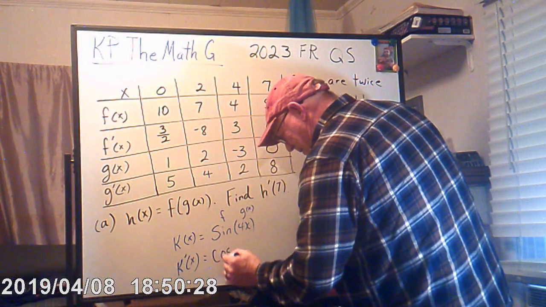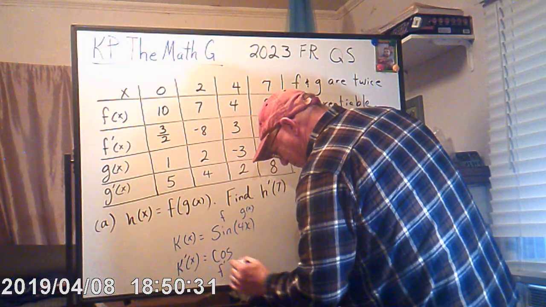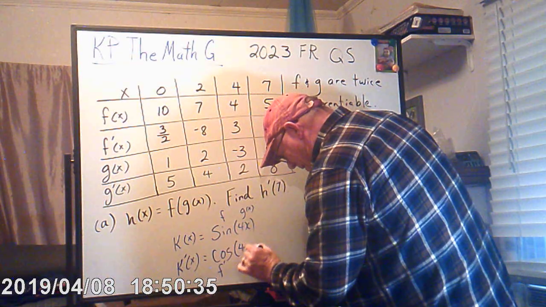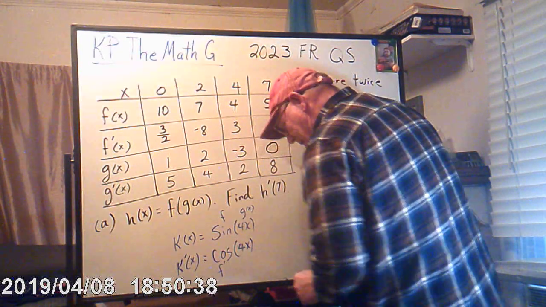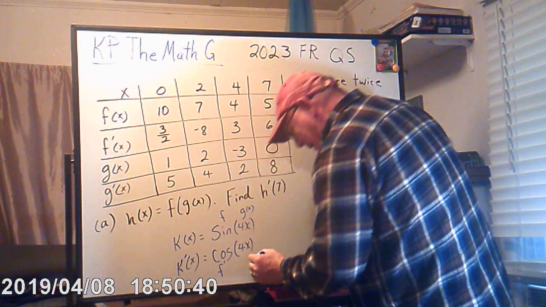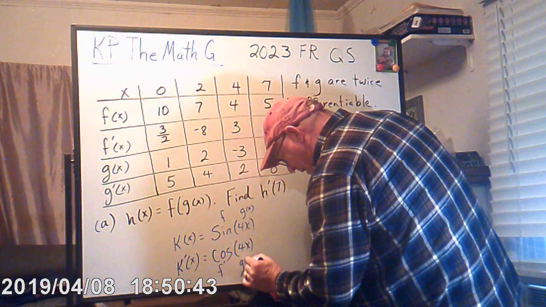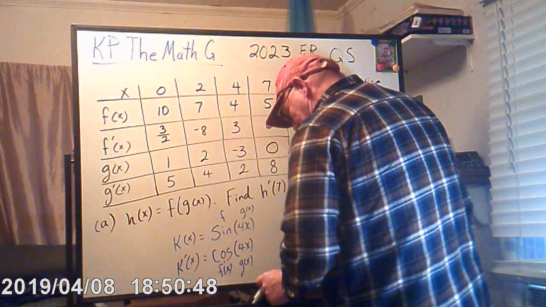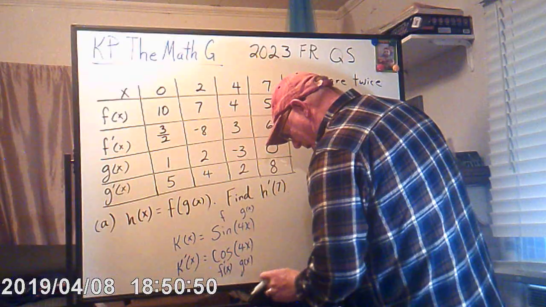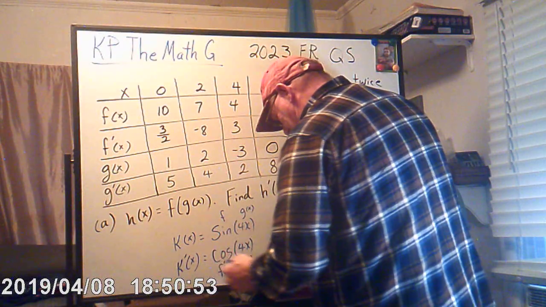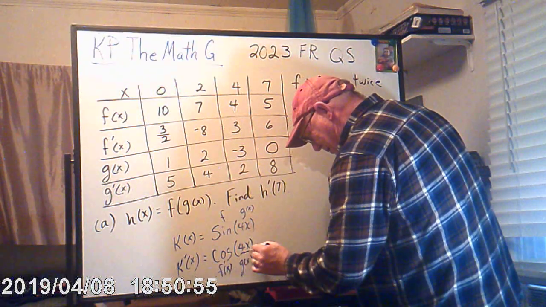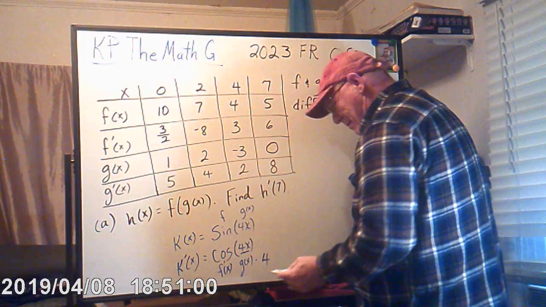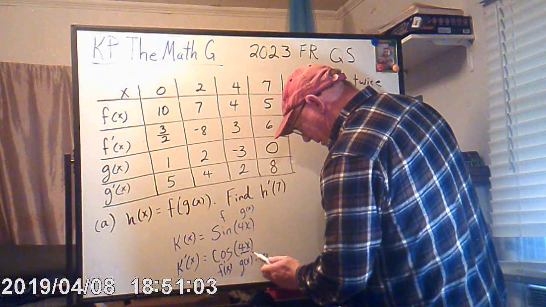So this is f prime. Remember, you don't do anything inside here first. So f at g at x: f prime at g at x, and then what you do is times what's inside here, g prime at x, which is just 4. Now remember, that is it right here.